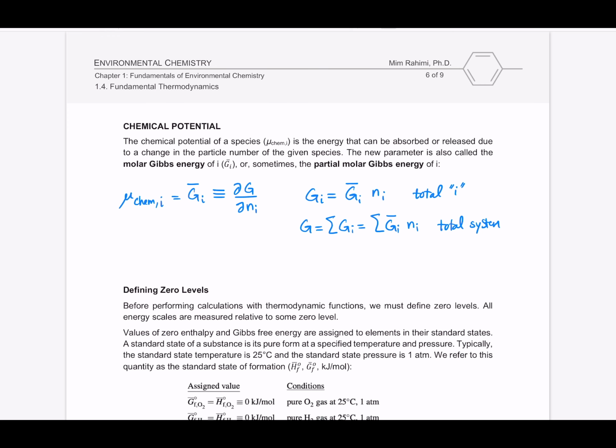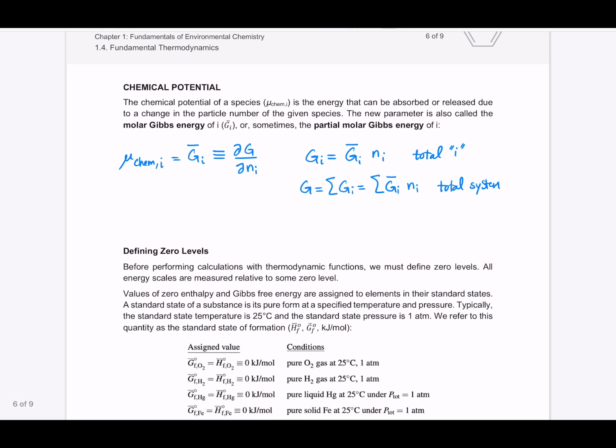So now we can expand whatever we had and use whatever we had in the previous page for a specific entity inside the system. So for each entity in the system, we have that relationship of delta Gi per mole to be delta H minus T delta S. So this is one of the main relationships that we're having in this lecture.